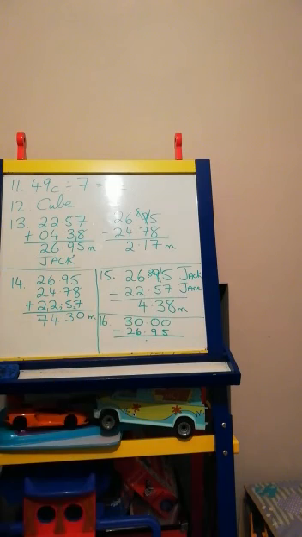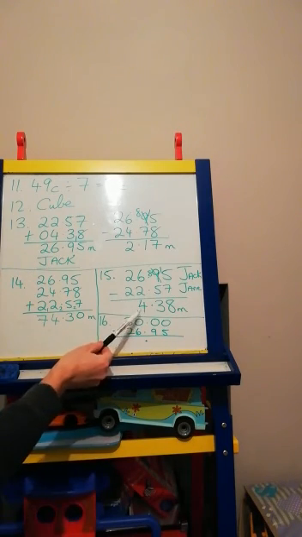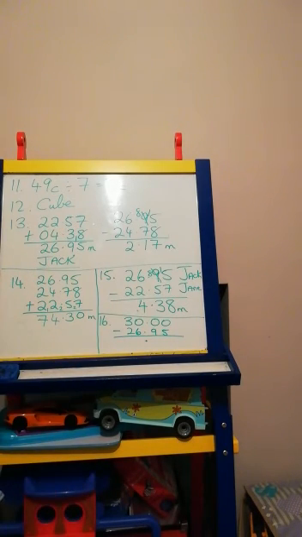Jack was 26.95, and we must subtract from that Jane, because Jane had the shortest throw. Jane's was 22.57. So the gap between the two of those, as you can see, was 4.38 metres. Okay, that's number 15. Number 16 is the last one then.